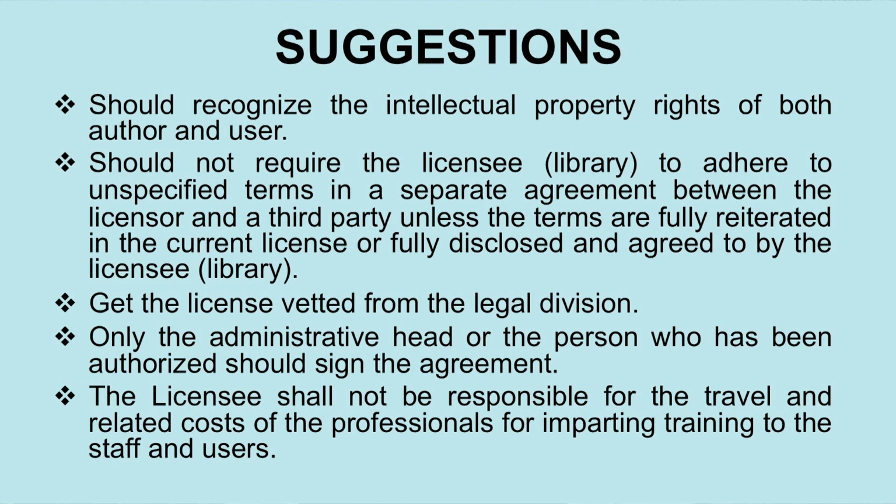This is again an important point, because if there is some problem with regard to the agreement or the licensing terms, who will be responsible for negotiating and getting into these legal issues? This has to be properly understood, whether the head of the institution or the librarian will be signing.